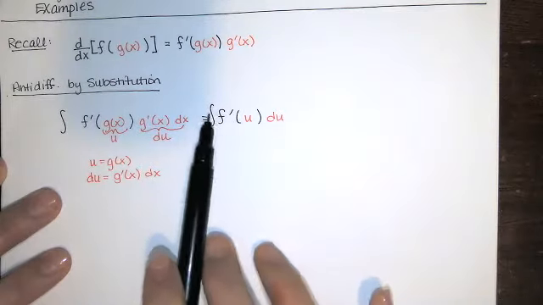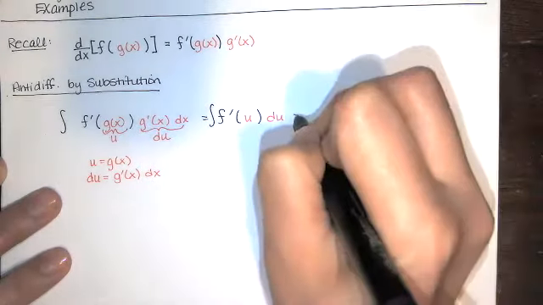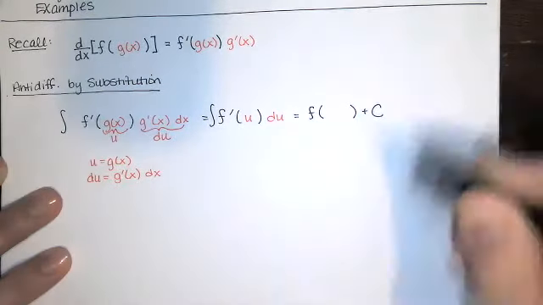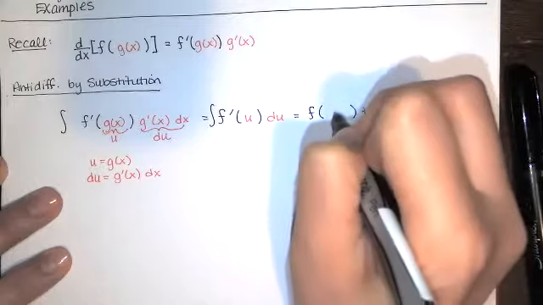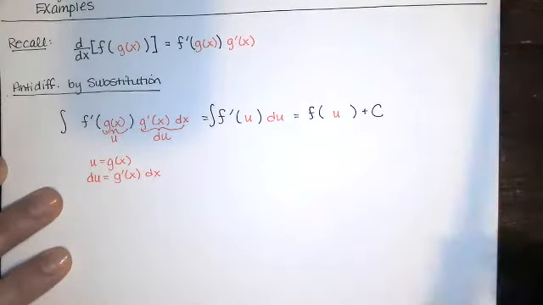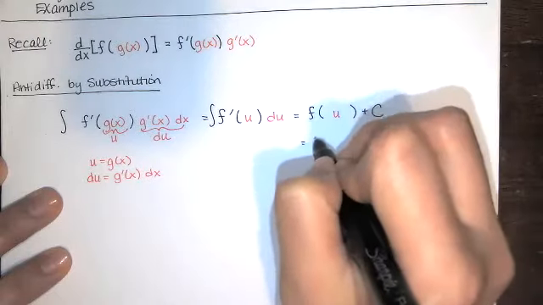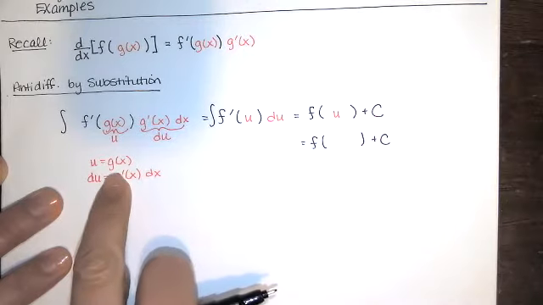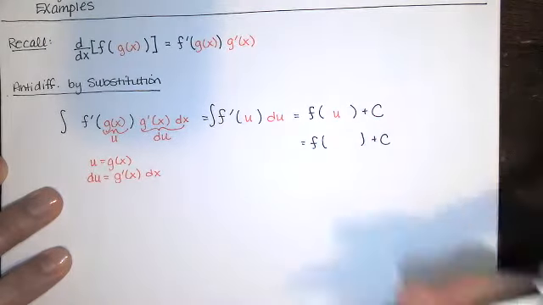Well, if I'm taking the antiderivative of the derivative, what happens in that case is I get the function back. So we get f evaluated at u plus c, and then we say, okay, that's not going to work. We need a final answer in terms of x. So we back substitute. We replace u with g of x, because that's what u was at the very beginning.